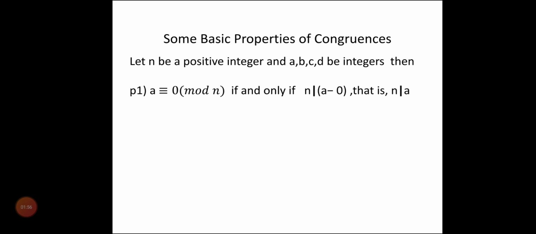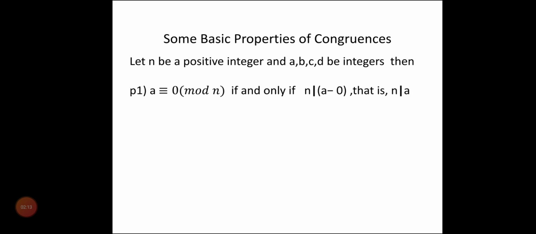What is it? a is congruent to 0 modulo n if and only if the difference between a and 0 is divisible by n. That means n divides a minus 0. So what is a minus 0? That is nothing but a. So n divides a.